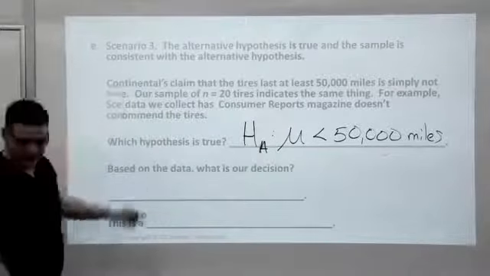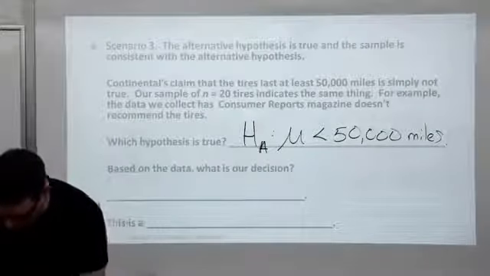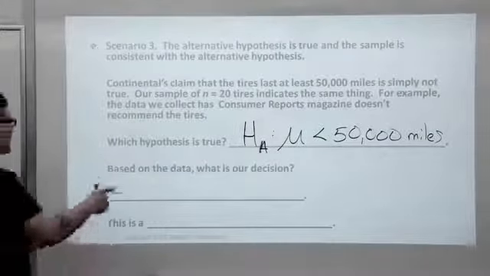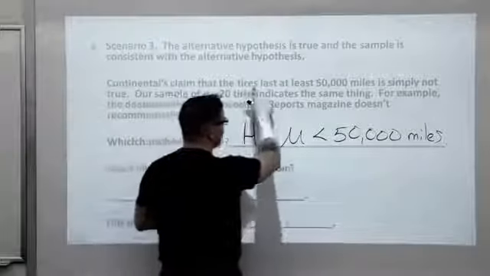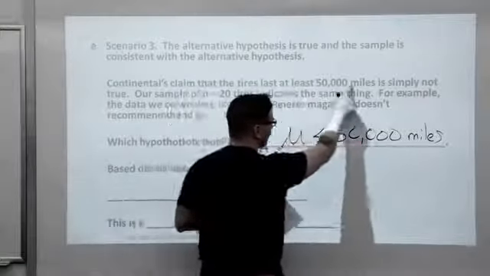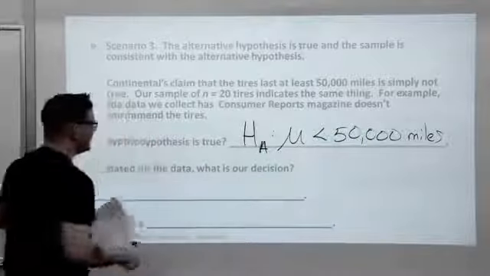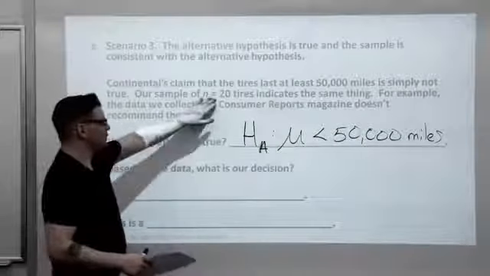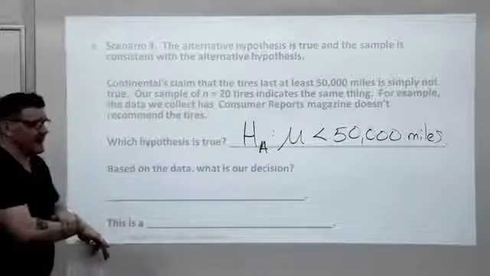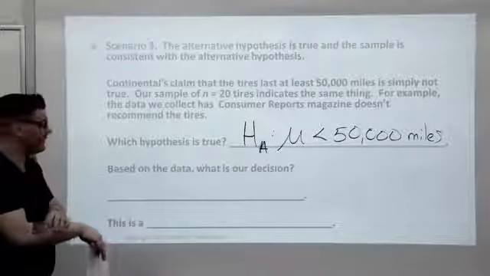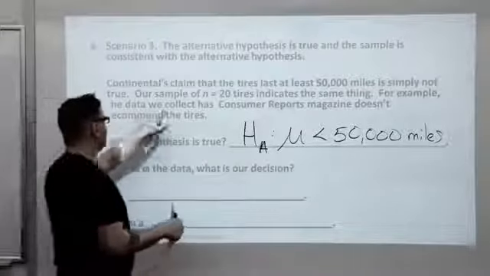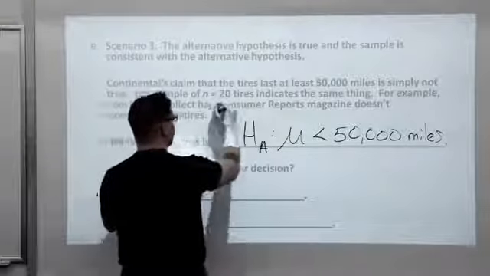So let's see here. I'm guessing something probably didn't get copied over. And so for part E, Continental's claim that the tires last at least 50,000 miles is simply not true. Our sample of 20 tires indicated the same thing. The sample was consistent with the alternative. For example, the data we collect has, and in here it says what?